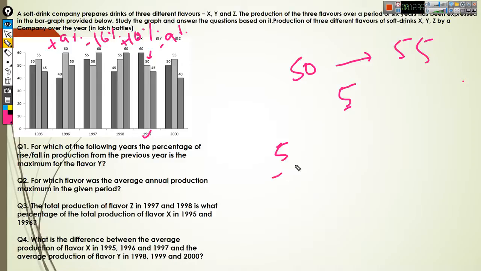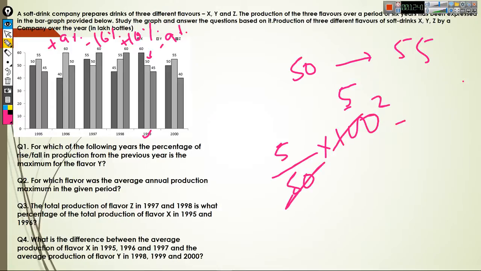If we calculate the percent rise, then 5 divided by 50 multiplied by 100, again a 10% rise in production. So what is the maximum gain or fall? Minus 16, it means a minus 16% fall in the production from 1996 to 1997.